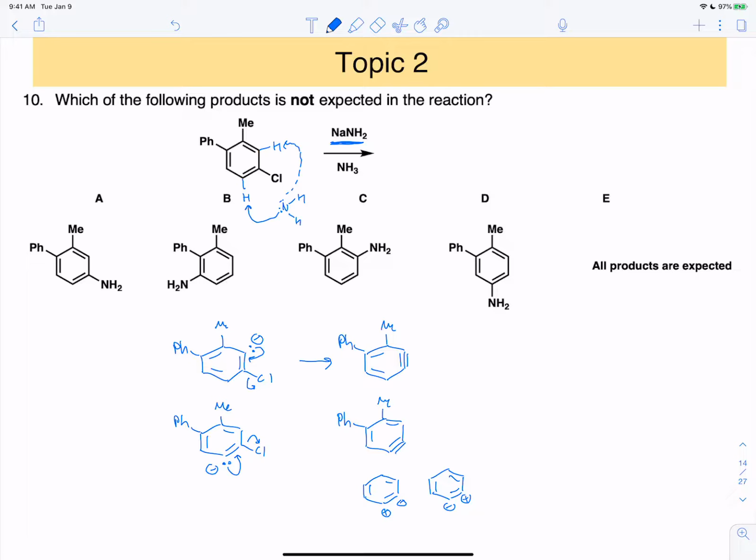Afterwards, you have these very strong amide bases still in solution. So not only are these very good bases, but they are also very good nucleophiles. And so this has the option of actually also attacking either one of these carbon atoms.